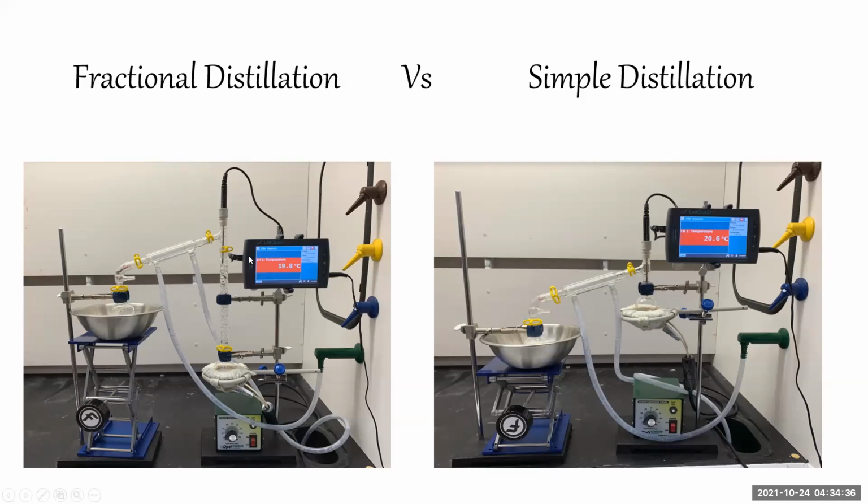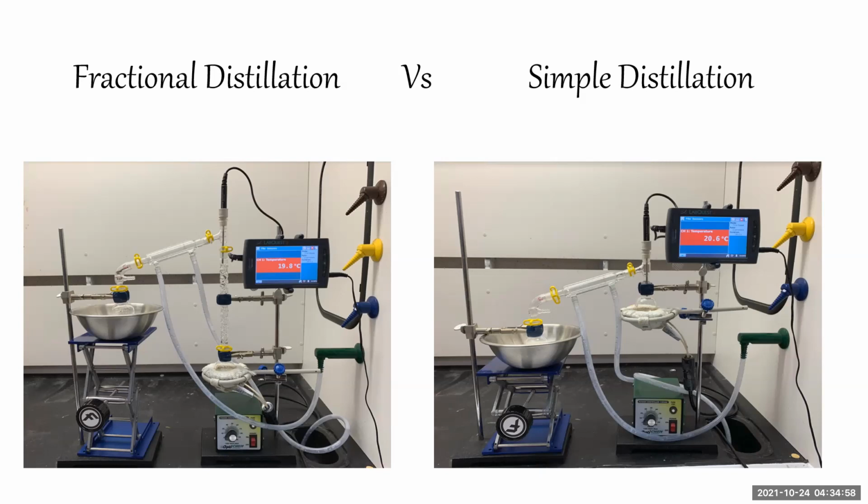And then we're going to be using these LabQuests to monitor the temperature of the vapor right before it moves to the condenser. And that's just a little bit more data than we can get using a regular thermometer.